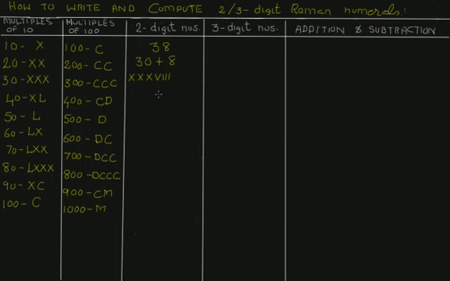This is 38. Isn't that easy? Now let's take another number, 97. If you expand, it would be 90 plus 7. Now how do you write a 90? That is 100 minus 10, 90, plus 7.